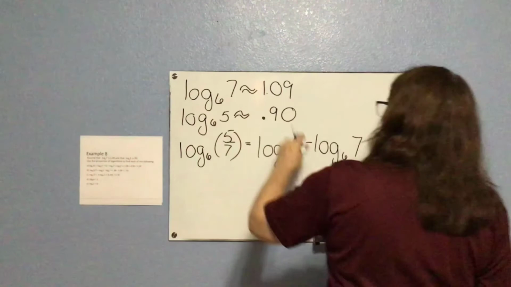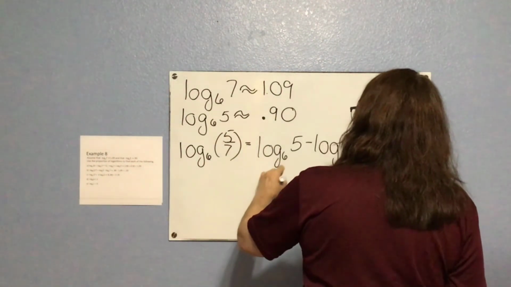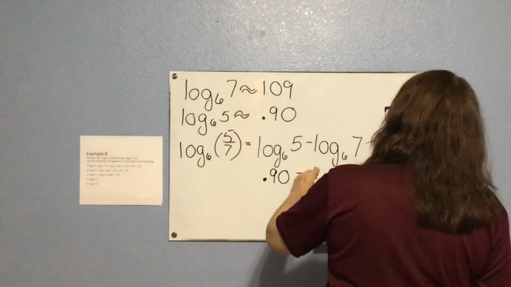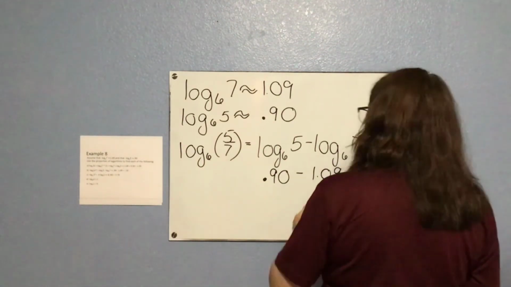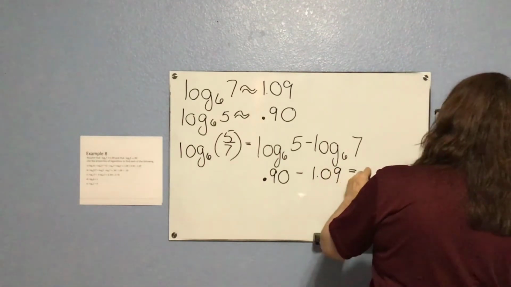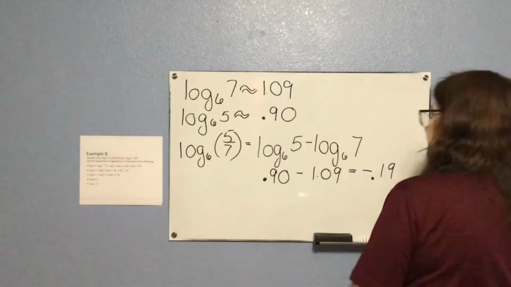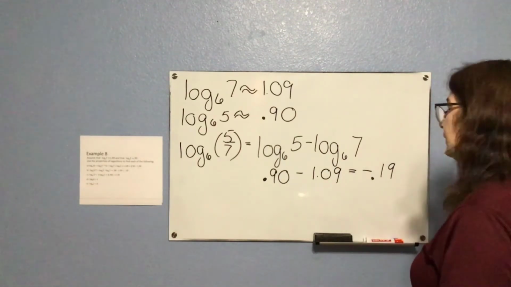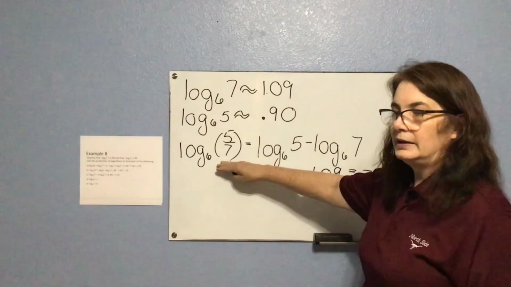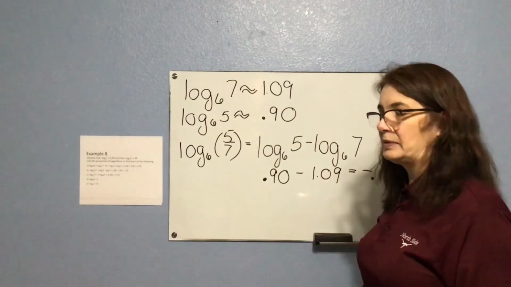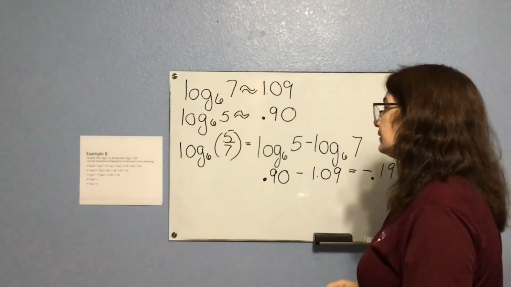And again, substitute my values in. This is 0.90 minus 1.09. And when I do that subtraction, I get negative 0.19 for my answer. And this makes sense because I'm taking the logarithm of a fraction, a number between 0 and 1, so I would expect to get a negative answer.